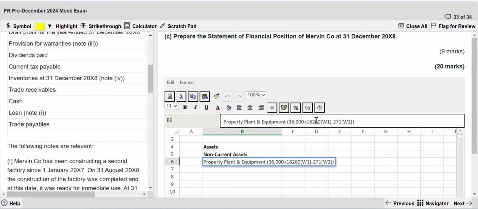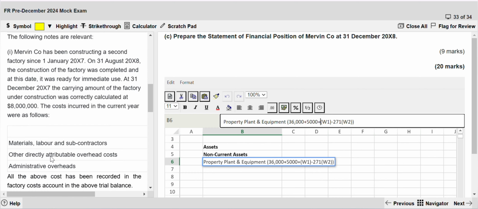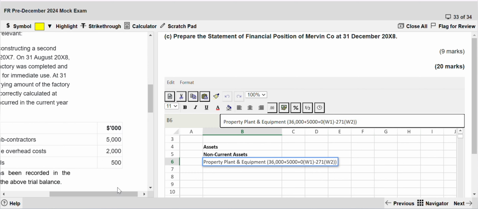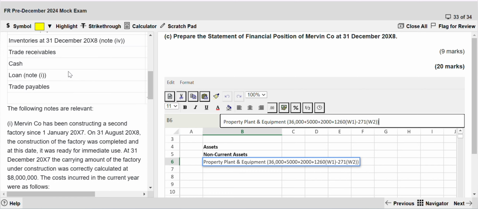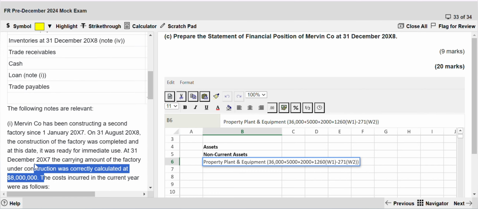So it should be 5,000 plus the current year balance of 2,000. Plus the borrowing cost, 1,260. Only that much we should capitalize, because the 8,000 is already included in the carrying amount in property, plant and equipment.